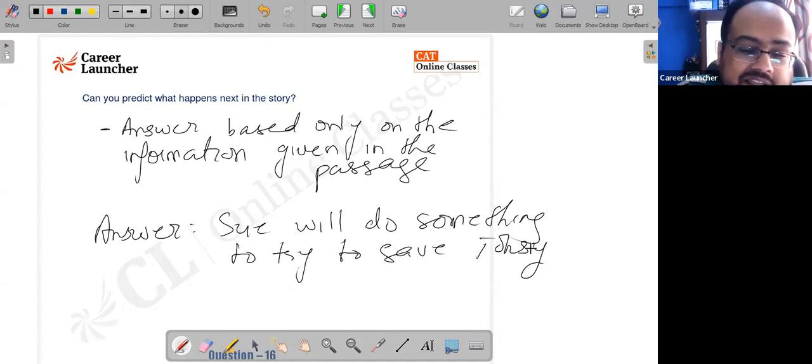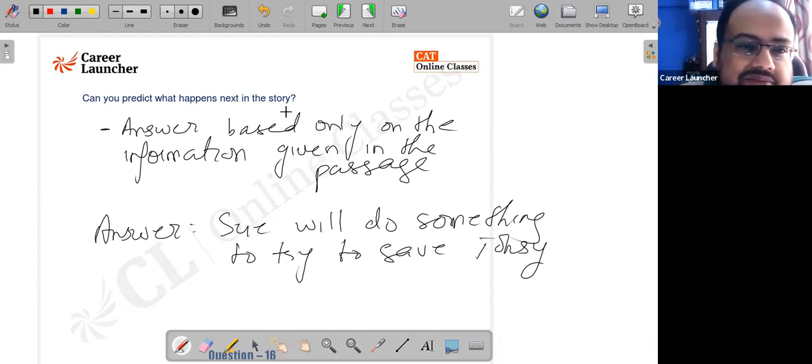Just hear this carefully, all of you. Sometimes in reading comprehension, you have some information that is actually factually wrong. You know that the information given in the passage is wrong, but if you have to answer a question based on that, you have to answer based on what has been written in the passage, not based on what you know as true.